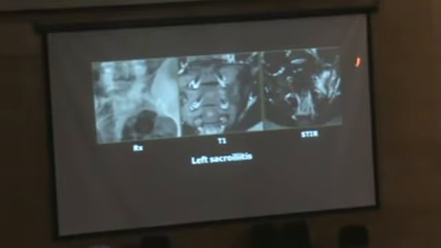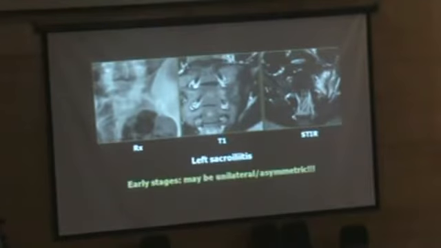And when we perform MRI, we see the real extent of pathology, with a lot of bone marrow edema pattern subchondrally, showing high inflammatory activation of the left sacroiliac joint. So this is left sacroiliitis, and this is a very early stage of disease. So be careful. In the early stages, this is not bilateral and symmetric.